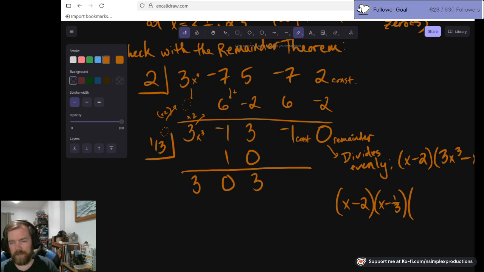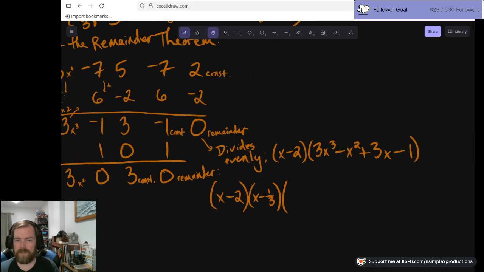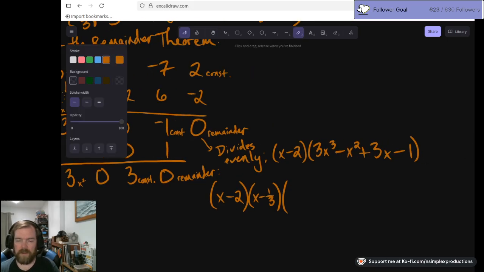Multiply up is a 1 by 1/3 is a 1. Add down is a 0. So now this is going to be an x squared term. Here's our constant, and then the remainder of 0. So then this gets us x minus 2 times x minus 1/3 times 3x squared plus 3.